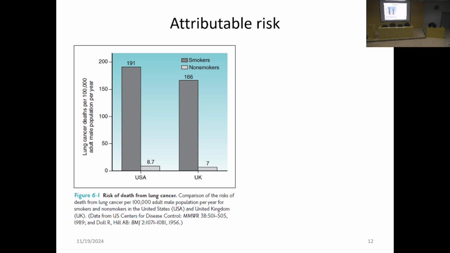What's the risk difference? Right, per 100,000. In the UK, what's the risk difference? 159. What's the attributable risk in the US?